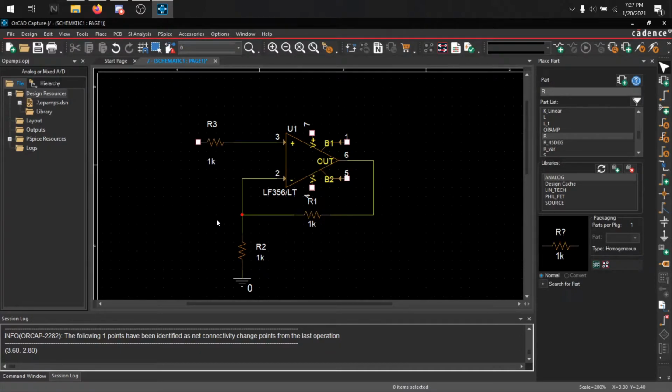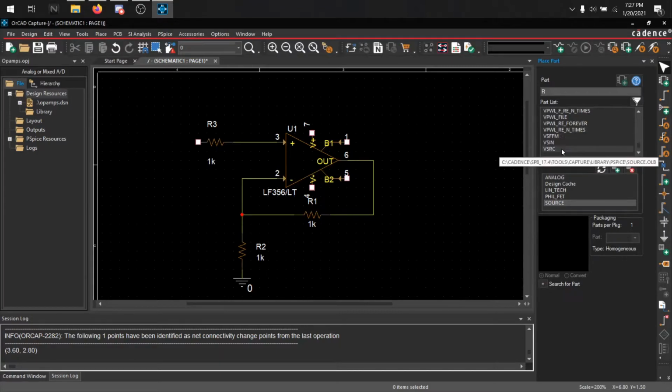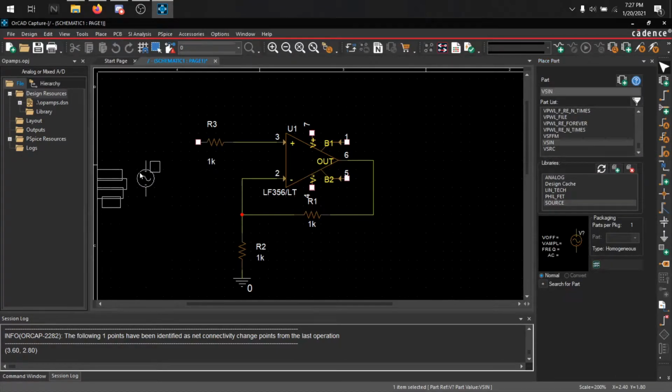All right, so for gain for this, let me put it here. Let me create this original sine wave.